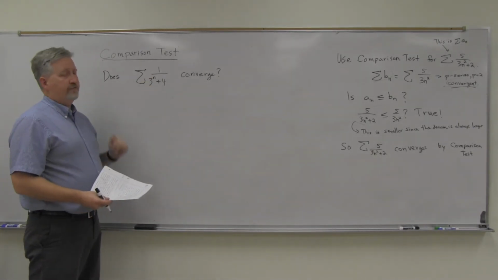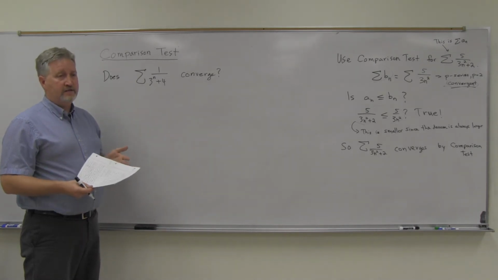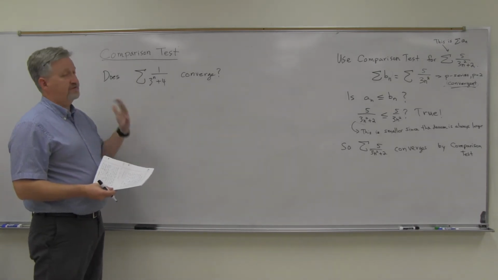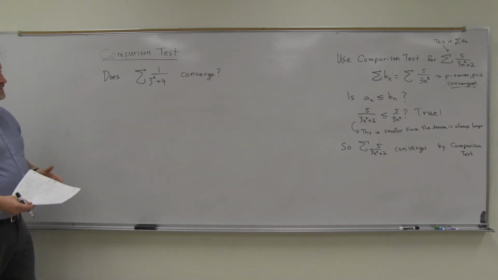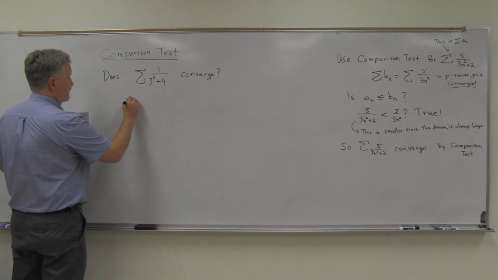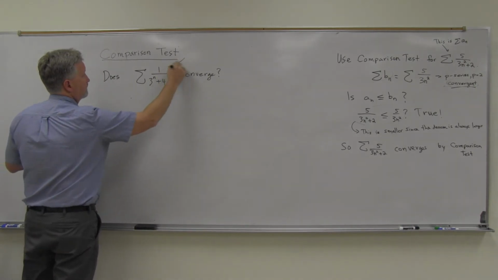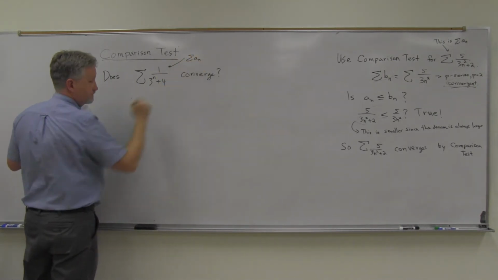If it was just 1 over 3 to the n, I know what that is, I can figure that out, but it's 3 to the n plus 4. And so that's what kicks in a different test, and that is the comparison test here. So that's going to be my A sub n series there.